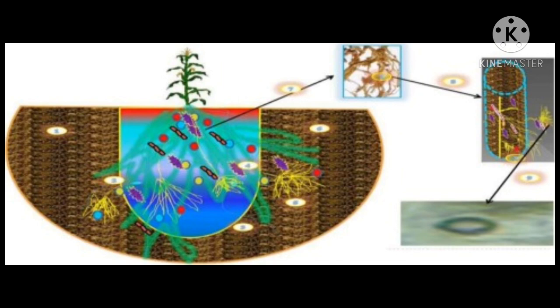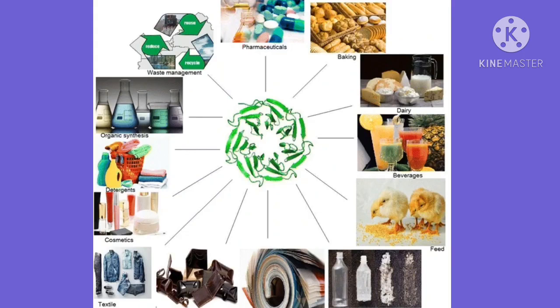Okay. Next one, microbes in industries. In industries, how are microorganisms important? Okay. So microorganisms play an important role in production of a wide variety of valuable products for the welfare of human beings. Okay. First one is production of fermented beverages.